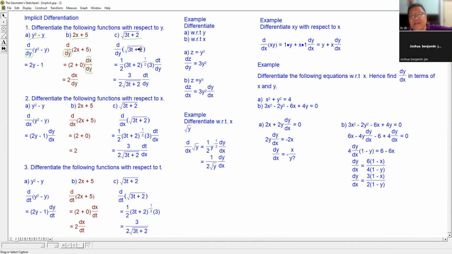However, you are differentiating t with respect to y. So you add another term here, dt over dy. Where does the t come from? The t comes from the function. Where does the dy come from? The dy comes from differentiating with respect to y. Now this one you simplify, then you get this.